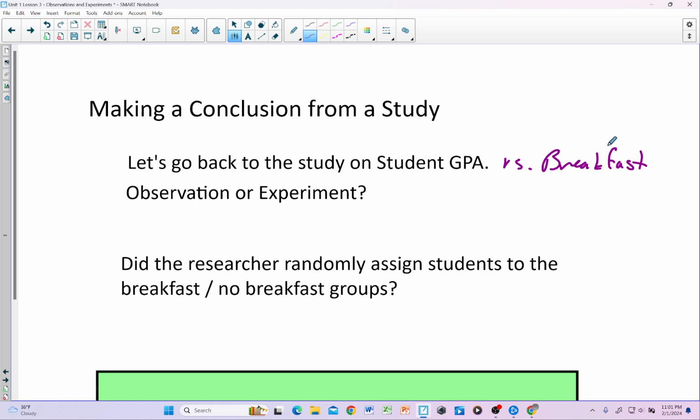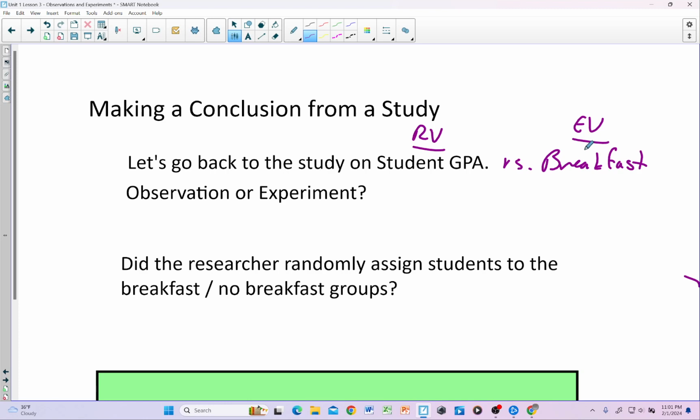In this study, for an experiment, they wanted to know the effect of breakfast on student GPA. That means breakfast must be your explanatory variable, and student GPA must be your response variable, your independent, your dependent. So, in an experiment, the researcher would have to assign people to eat breakfast or to not eat breakfast.